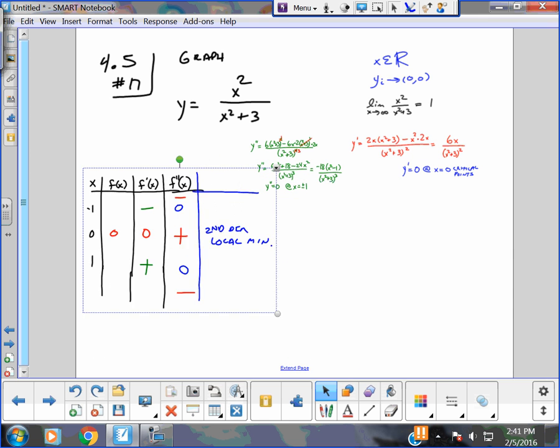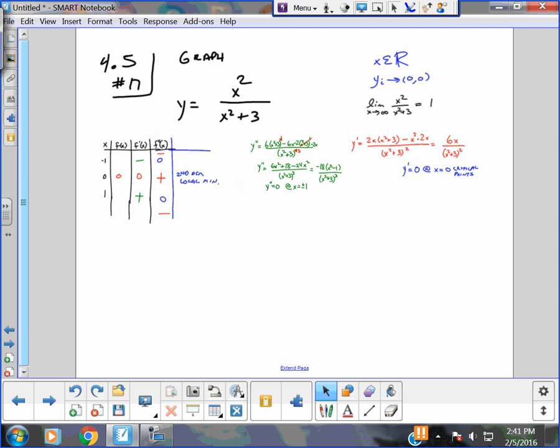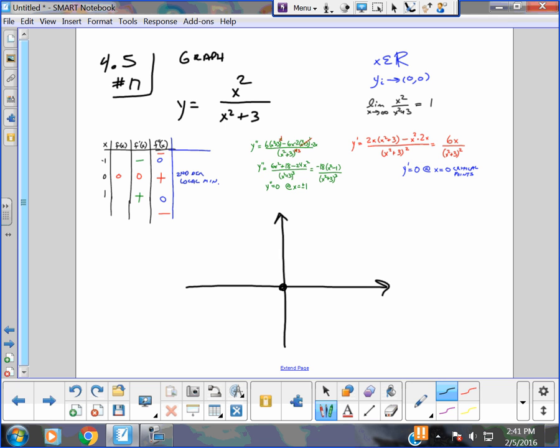It goes through 0, 0 and 1, 1. And if I want to know the values at negative 1 and 1, I can put those into the original function up here, and I can quickly do the math.